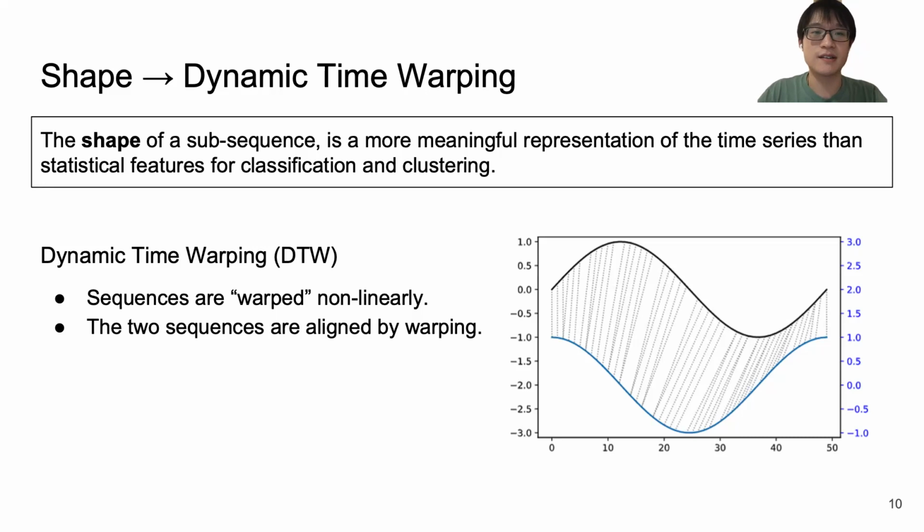DTW is a method that calculates an optimal match between two given sequences. The sequences are warped non-linearly in the time dimension to determine a measure of their similarity. The figure on the right illustrates how DTW works. We can see there are two pieces of signals generated by two different sampling frequencies.